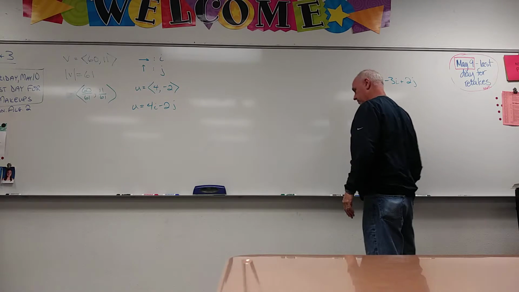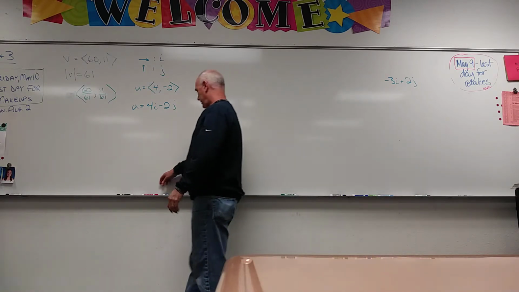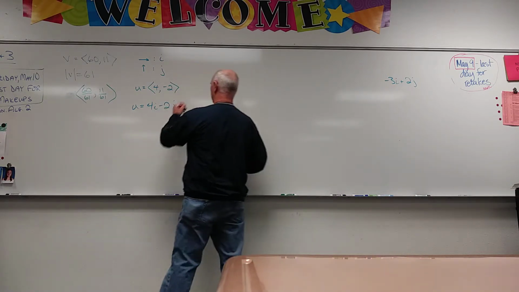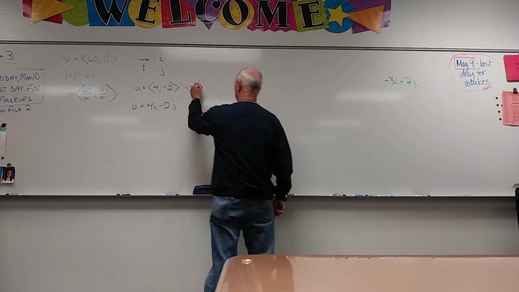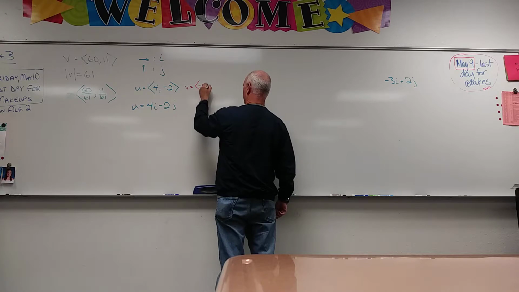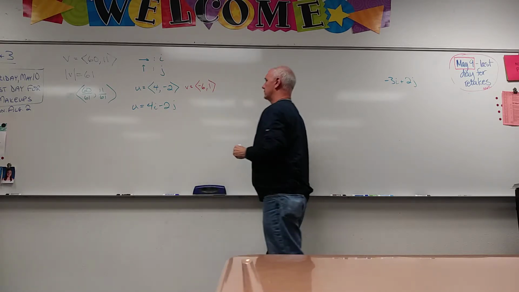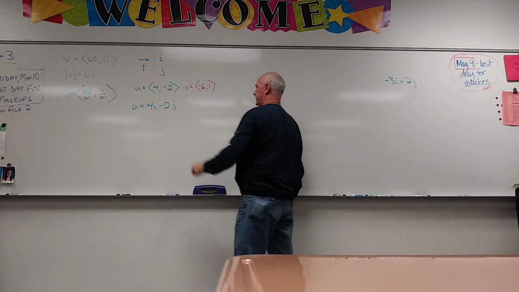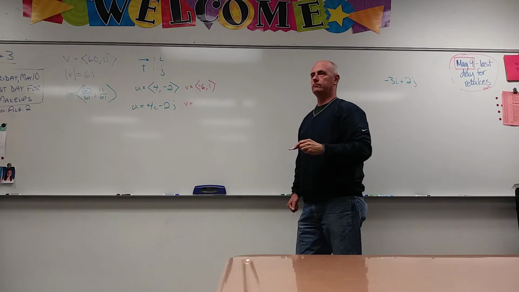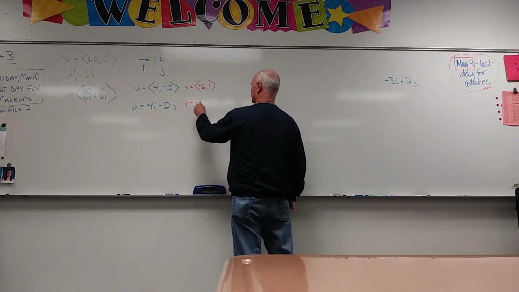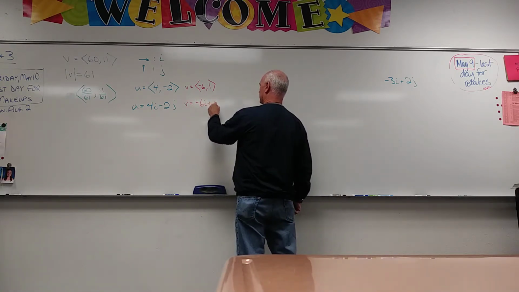What happens if we have another vector, we'll call it vector v, and vector v is -6, 1. How would we write v in terms of i and j? -6i plus j.